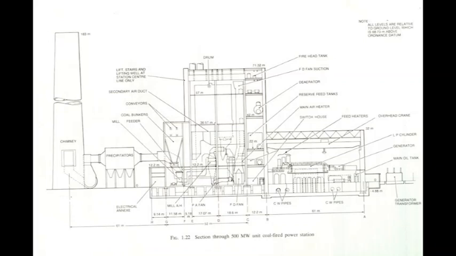In the next one we see a 500 megawatt coal-fired unit elevation layout.